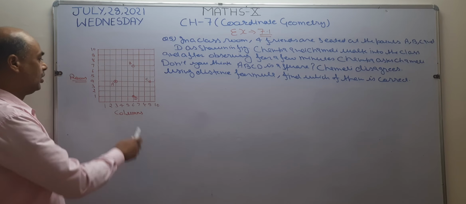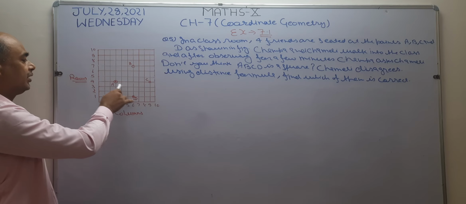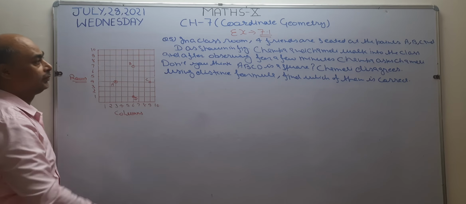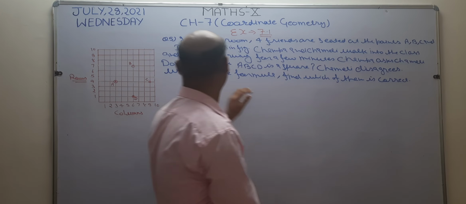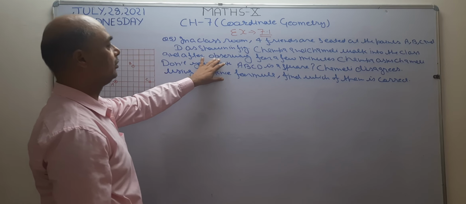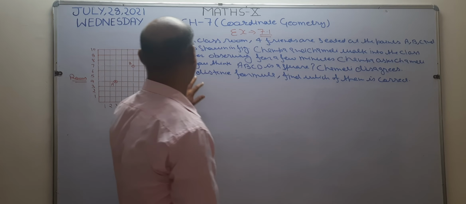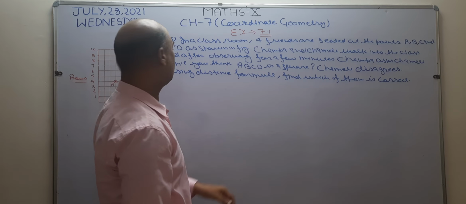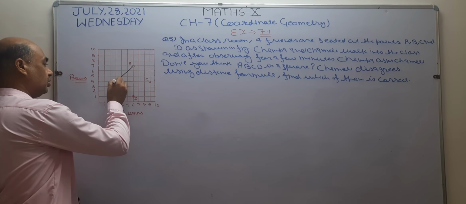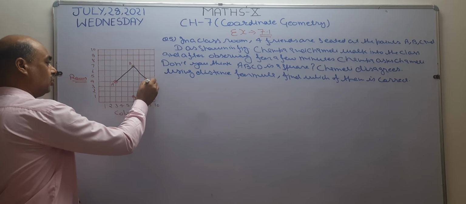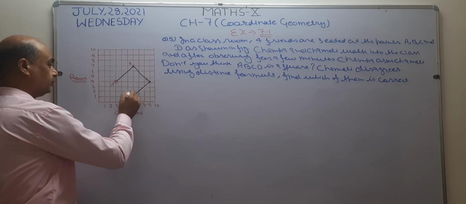This is the position of the 4 friends A, B, C and D. Now, Champa and Chameli walked into the class and after observing for a few minutes, Champa asked Chameli, "Don't you think ABCD is a square?"